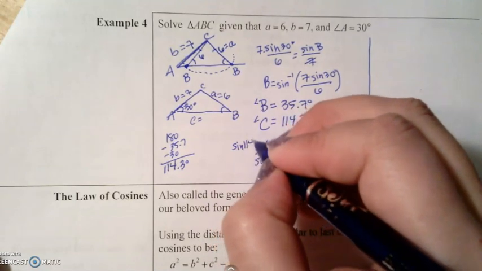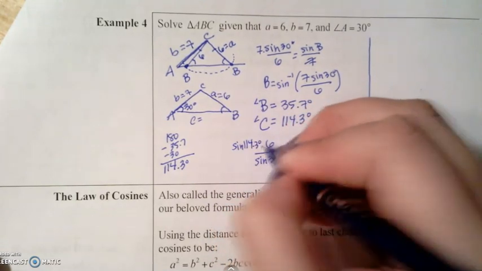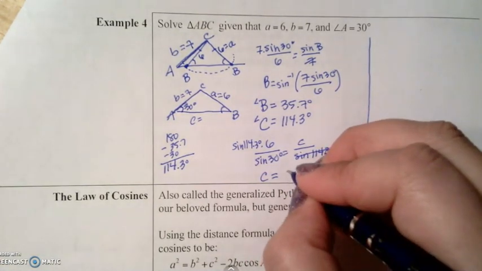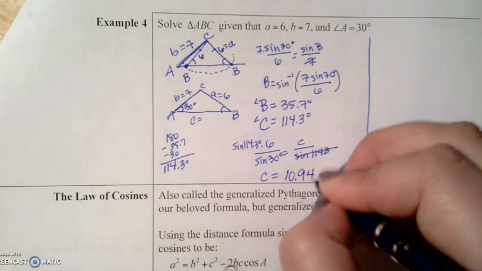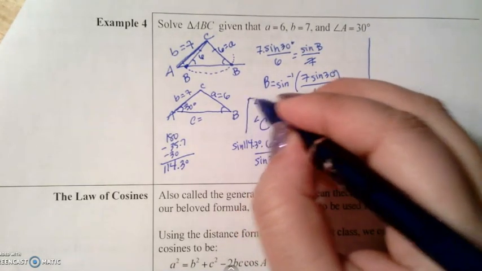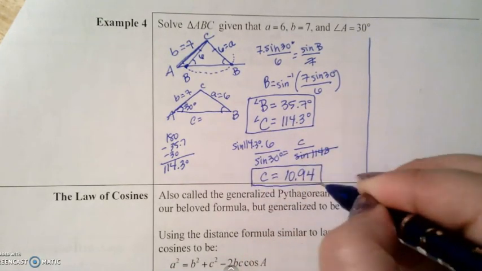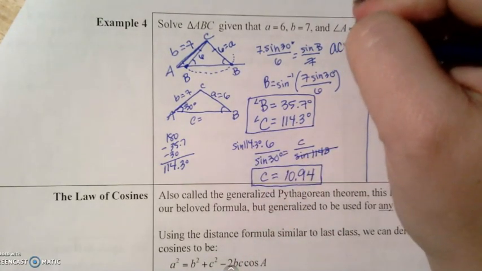So C equals, into the calculator in degree mode, C is 10.94. Okay, and this is for the triangle with acute angle B.